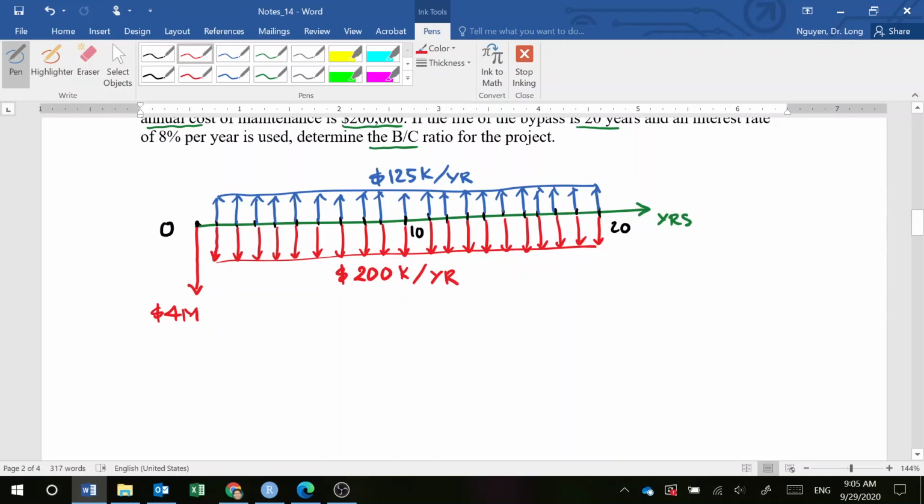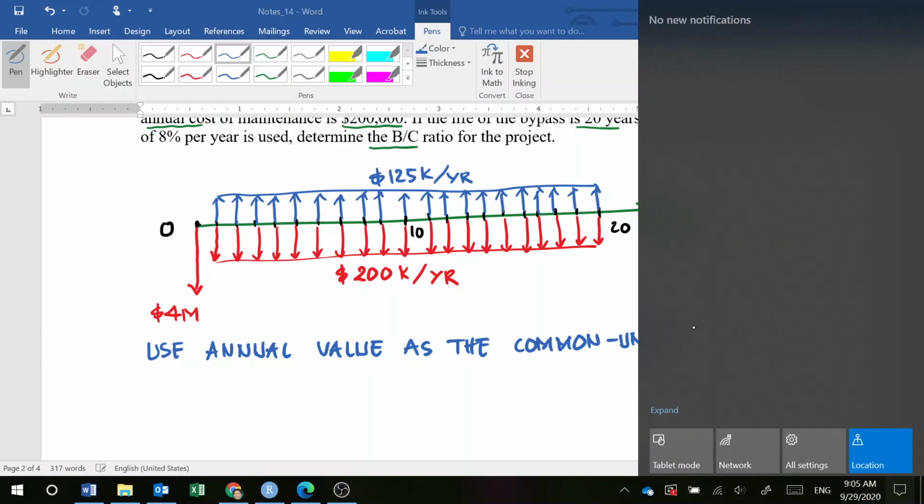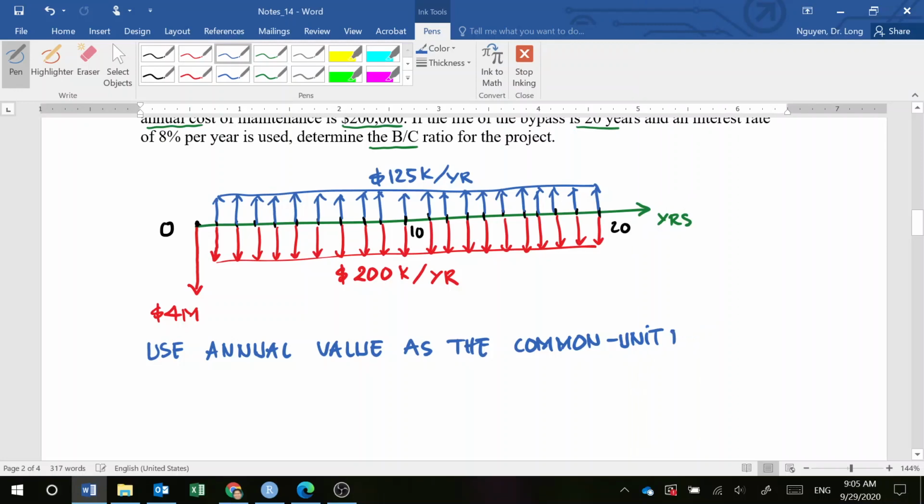So here we use annual value, a uniform amount on a common unit basis. With that, I bring everything to the annual amount.